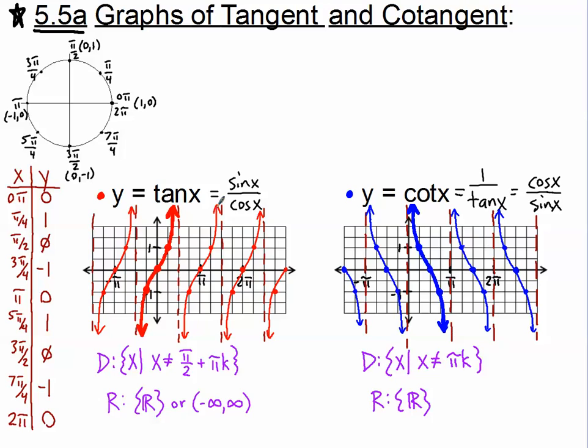If you haven't noticed yet on your unit circle, all of your tangent values from the first quadrant, you don't need to go all the way back around to get to them. You can just go halfway around and see the same exact tangent values, exactly 180 degrees or exactly pi units away. The period for the tangent graph and the cotangent graph is 1 pi.